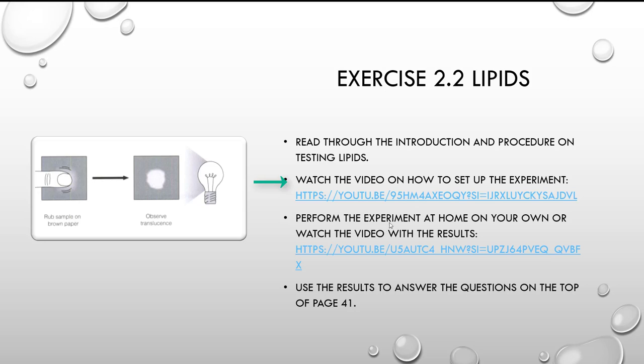You can actually perform this experiment at home if you'd like, with just some vegetable oil and some water on a piece of paper. You can just watch a video showing what the results are. And then once you've completed the experiment or you watch the video, you can use the results to answer the questions on page 41 of your lab manual.